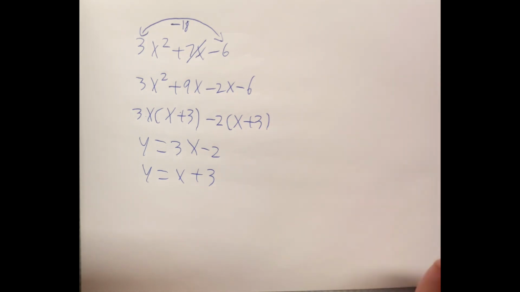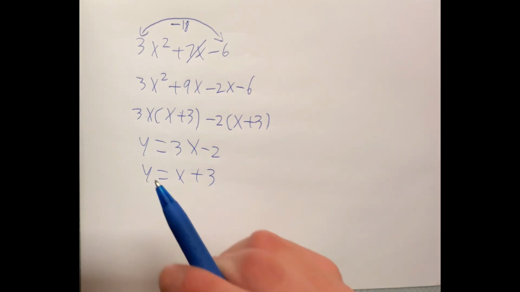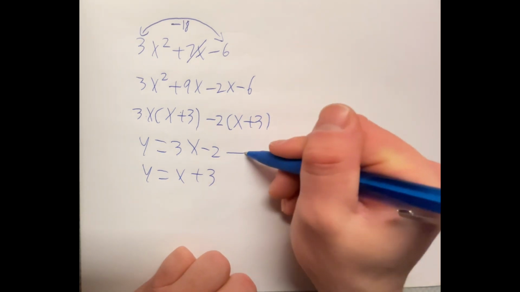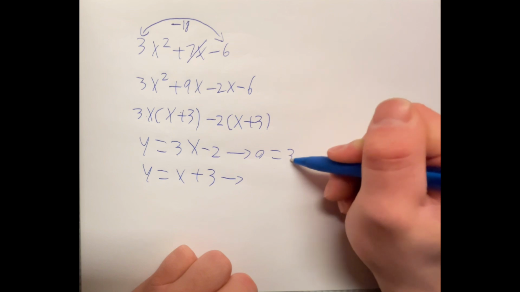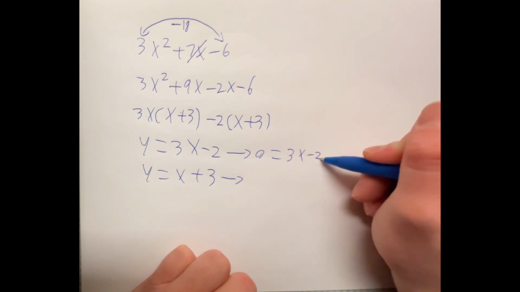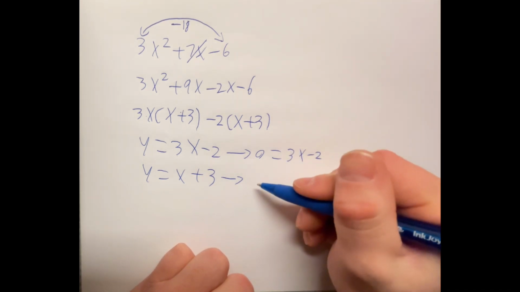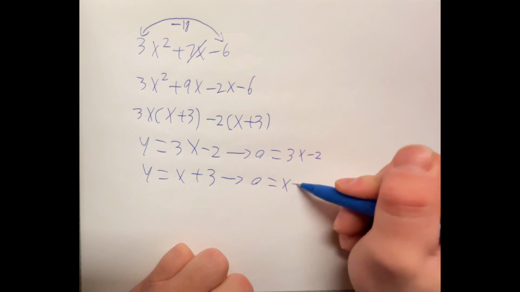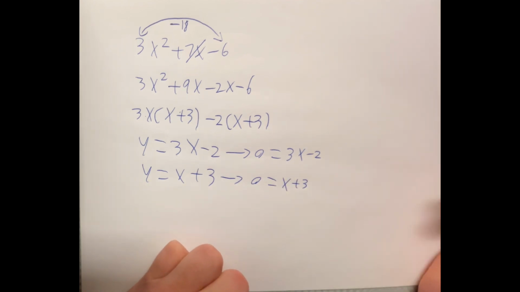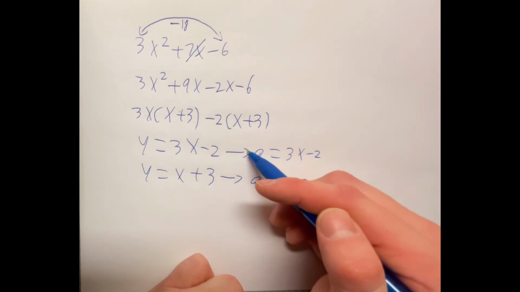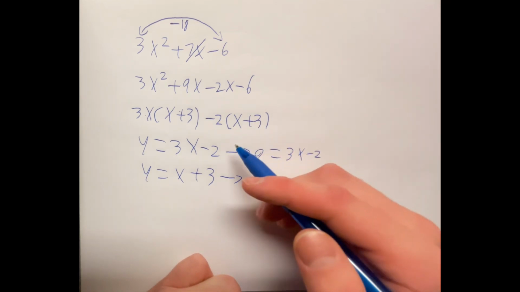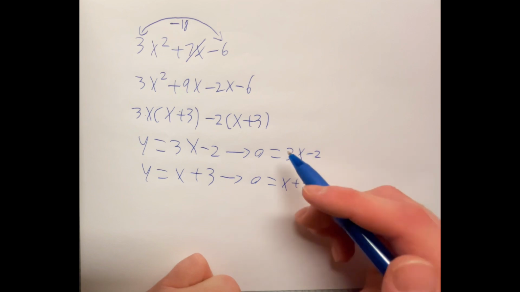In order to get your x-intercept, you have to set y equal to 0. So we bring these over, and we go 0 equals 3x minus 2, and 0 equals x plus 3. Now we want to bring our constants over so we can get x by itself, after we divide by 3.